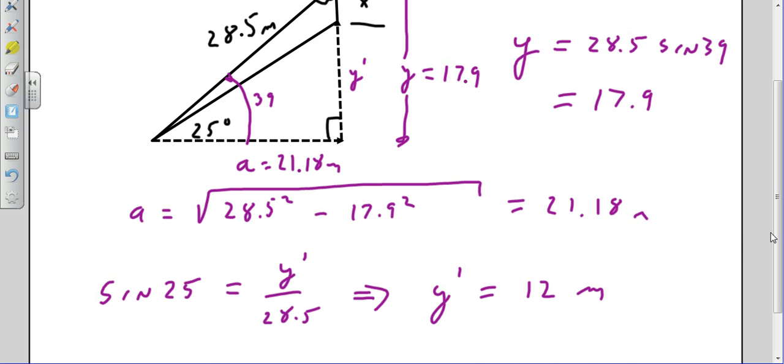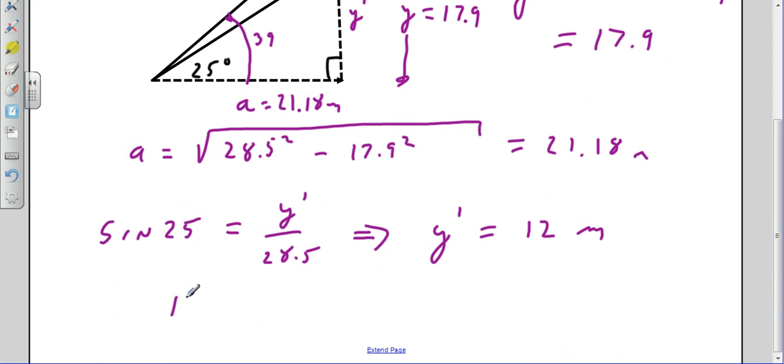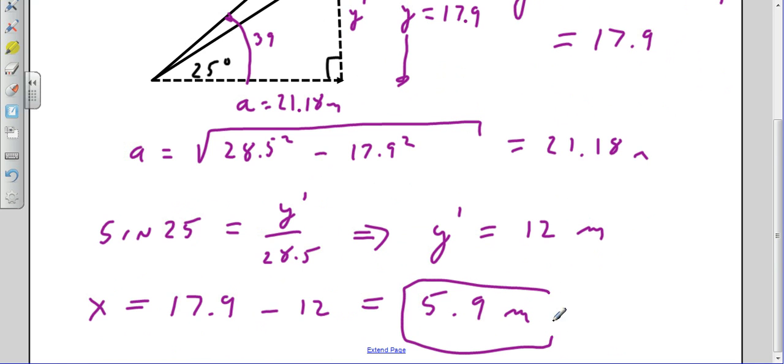Well, if that's the case, the whole distance is 17.9, and the y prime distance is 12, so x has to be 5.9 meters. And I am done with that particular problem. And thus ends the review of chapters 2 and 3.